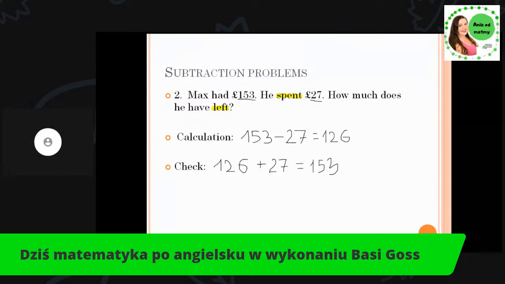So our answer as a sentence can be he has £126 left, or we can have Max has 126 pounds left. Very good. Max has got 126 pounds left. Oh, great answers.